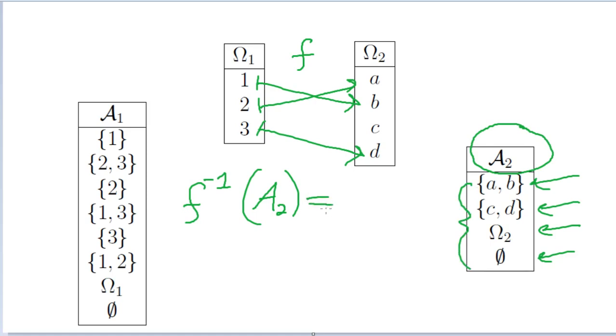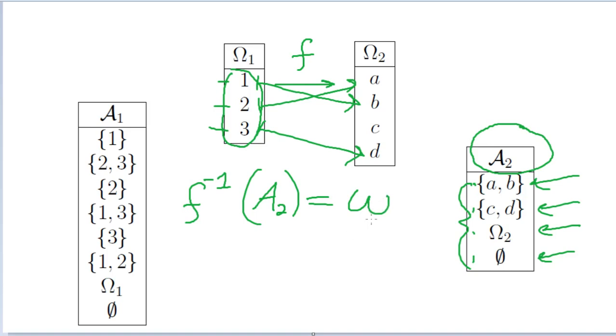Well, without having specified which one of these I'm talking about, I don't know exactly what the pre-image is going to be, but I definitely know that the pre-image is going to be some subset of omega 1 here, right? Because I'm sending each one of these over to something. So I'm going to get some subset of omega 1, right? Let's call that small omega.